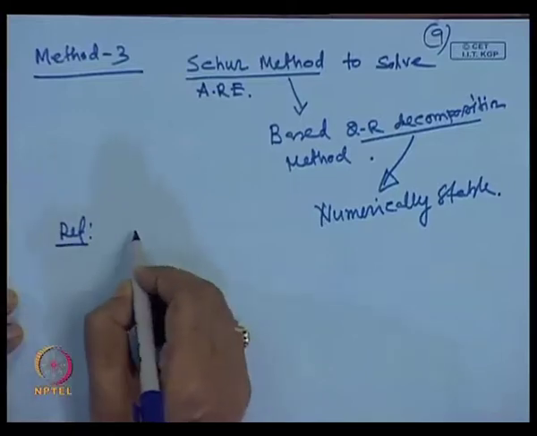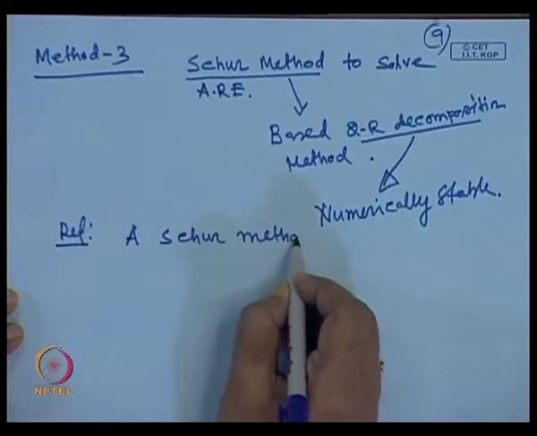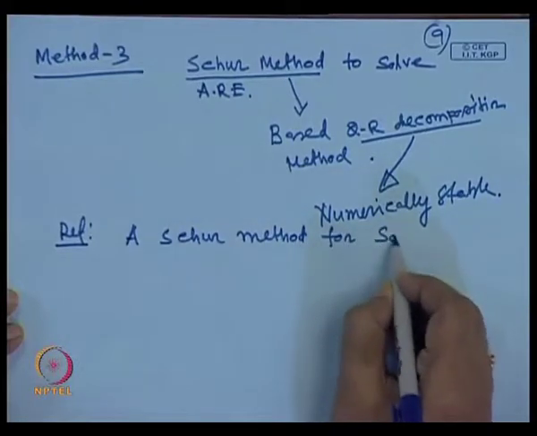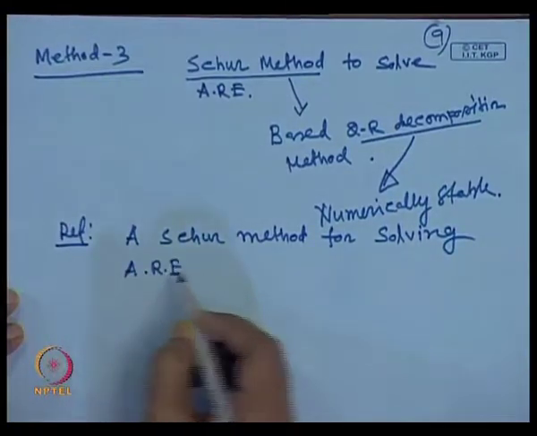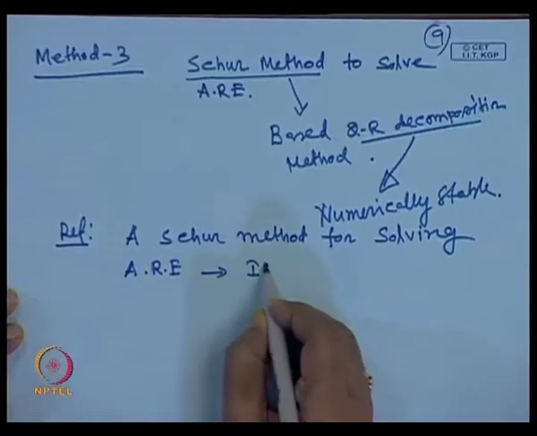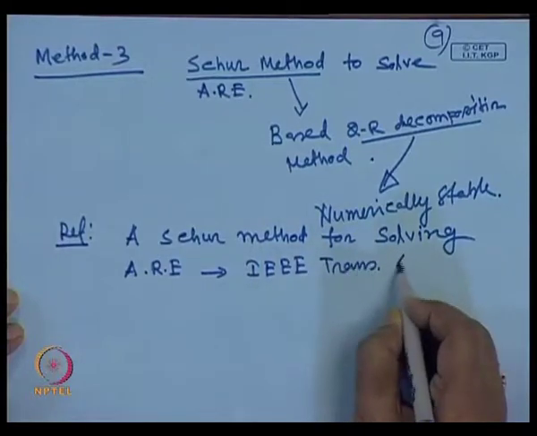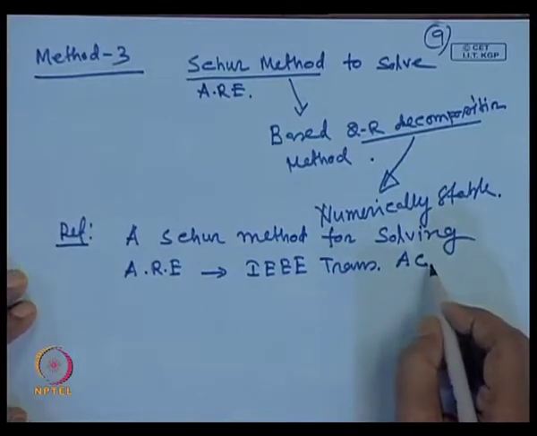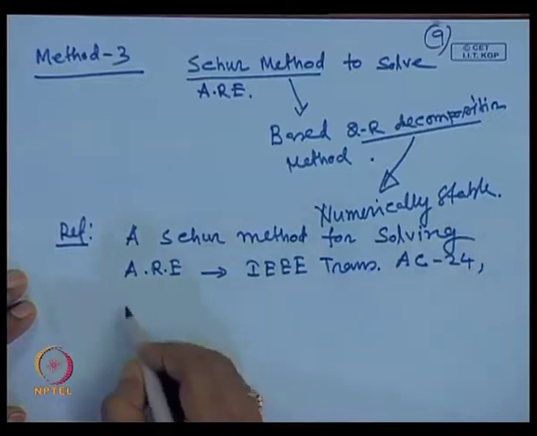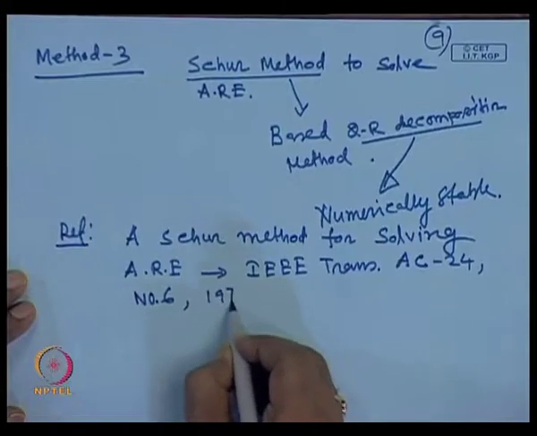One can see the reference for this, it is a good paper: a Schur method for solving the algebraic Riccati equation, which appeared in IEEE Transactions on Automatic Control, volume 24, number 6, June issue, 1979, pages 913 to 921.